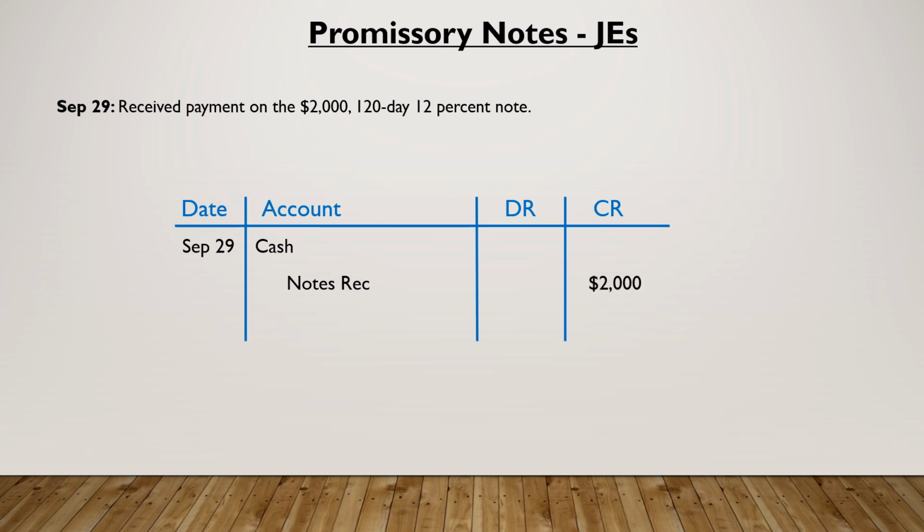We're also going to record our interest revenue with a credit. Interest will be $80. The $2,000 face value of the note times 12% times 120 over 360. Total cash collected will be $2,080.